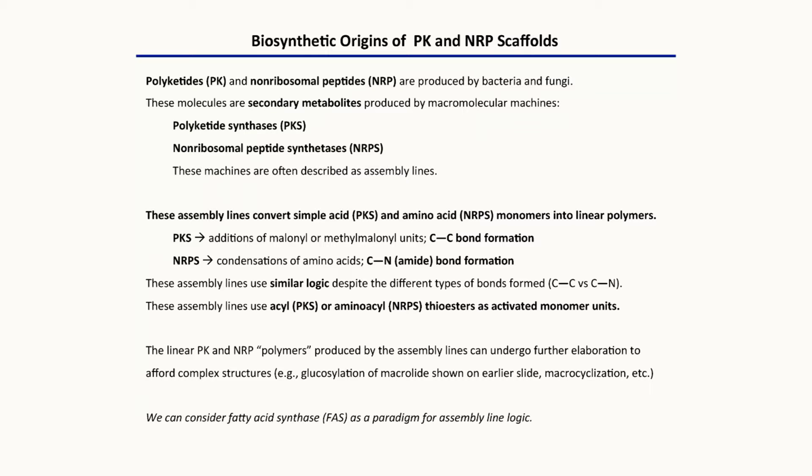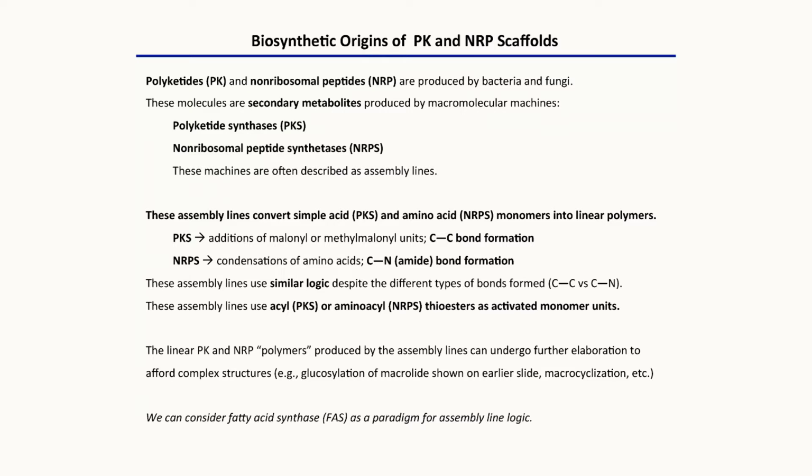So we're going to look at template-driven polymerizations that initially give linear polymers. In the case of PKS, this is very similar to fatty acid biosynthesis. The assembly lines allow for iterative additions of malonyl and methylmalonyl units, and they catalyze carbon-carbon bond formations.